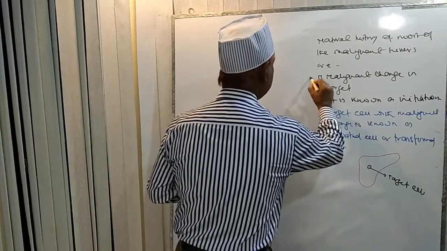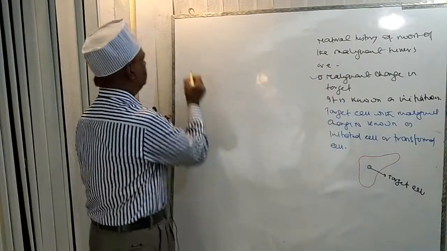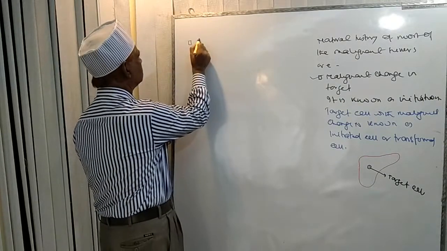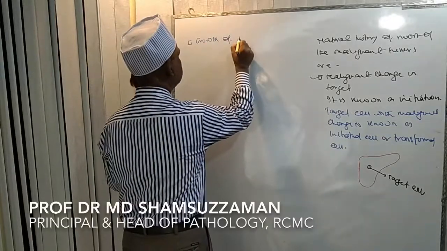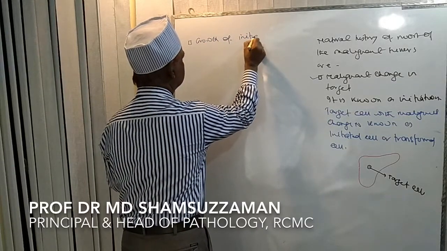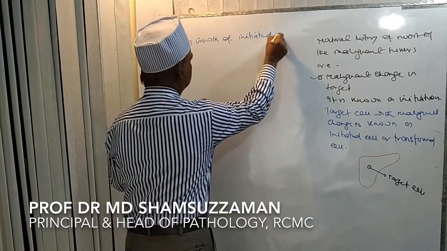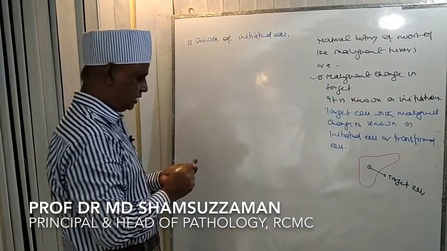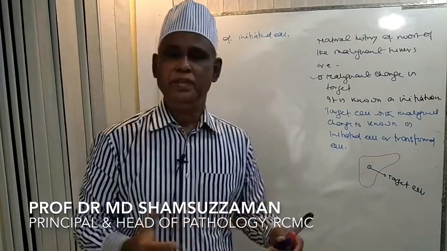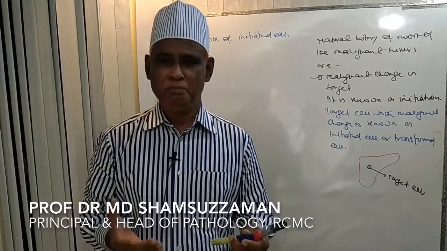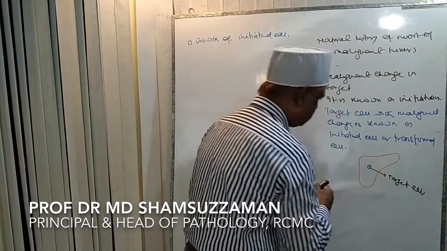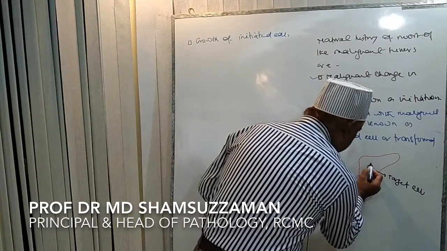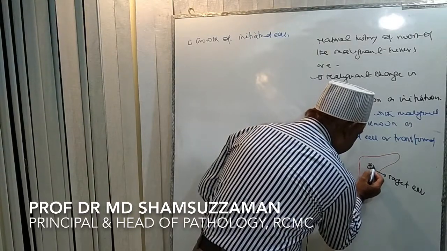First one is malignant change in target cell. Second one, growth of initiated cell. That is, the initiated cell undergoes multiplication.